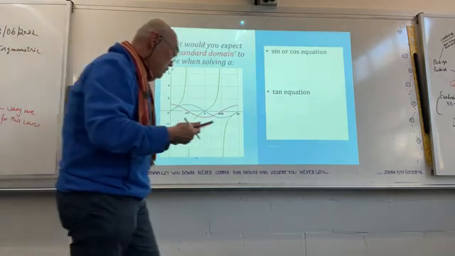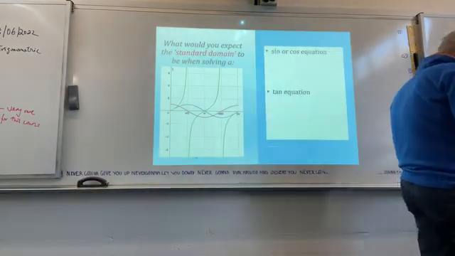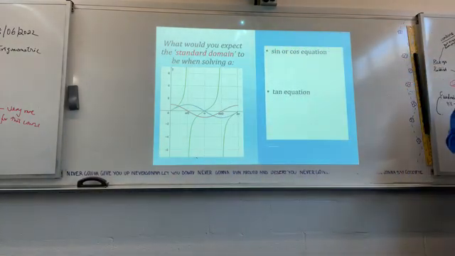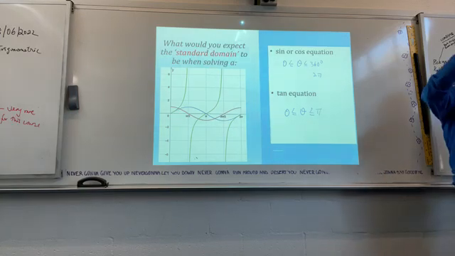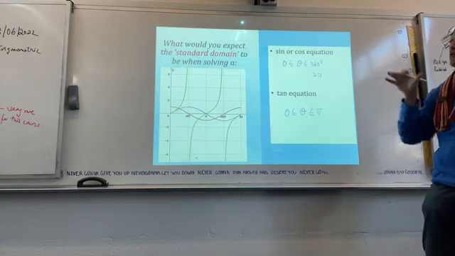So now, what would you say is a standard domain when we solve for a sine or cos equation? 0 to 360 degrees or 2 pi. For tan, what would that be? Pi, because that is one period. Think about the natural domain.